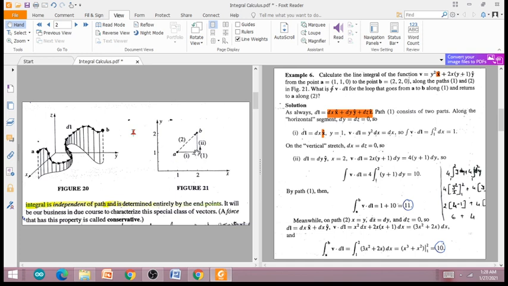But during the vertical variation, the x component remains constant, so x is equal to 2.